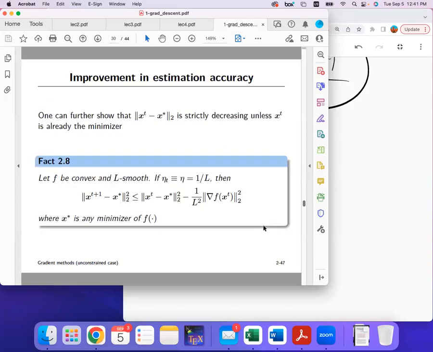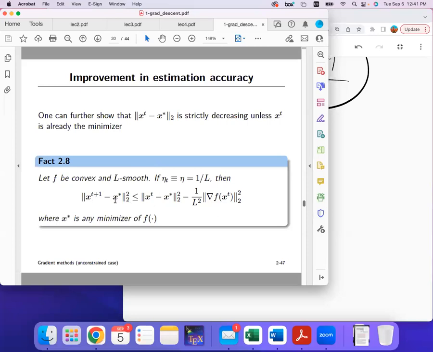We can prove the following fact, which we will prove right next. If the function is convex and L-smooth, and if we pick such a step size, then the distance to the minimizer, the distance to the power of 2, is diminishing in this sense.